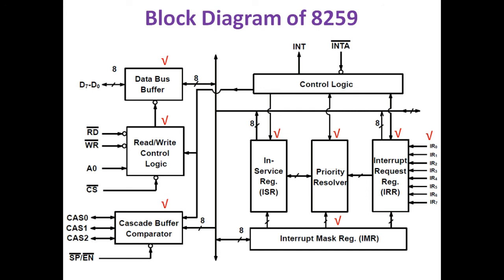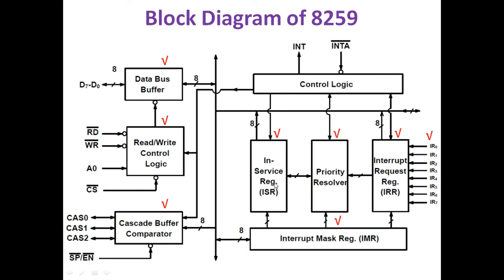So in response to this INT signal, the 8085 provides the interrupt acknowledgement signal to this 8259. Okay, so hence the 8259 understands that whatever the interrupt 2 or IR2 requires the service, the 8085 has noticed.